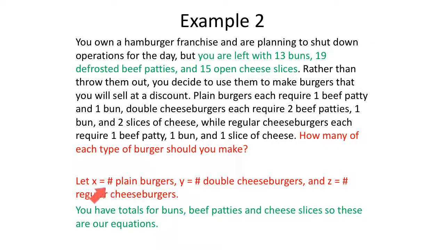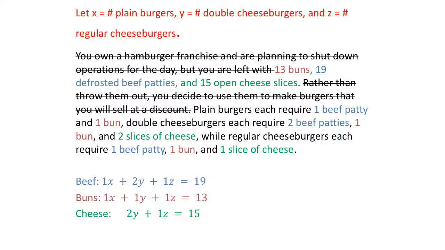Since I know how my variables are labeled, I can go back to my totals. I'm going to have an equation for buns, an equation for beef patties, and an equation for cheese slices. Here we go. Ignoring everything that doesn't actually help us here, we find that the beef patties, there are 19 of them. Plain burgers require 1 beef patty. Double cheeseburgers require 2. Regular cheeseburgers require 1, and I have 19 total to use.